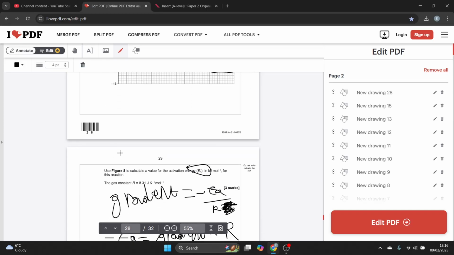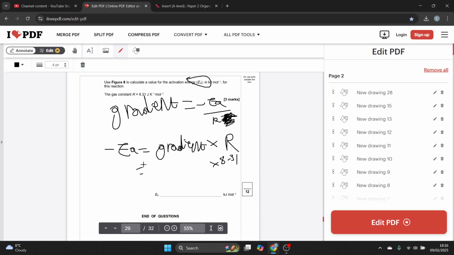I get minus 21,923. Multiply my answer by 8.31. Divide by minus 1. That's the gradient times R, which gives EA.